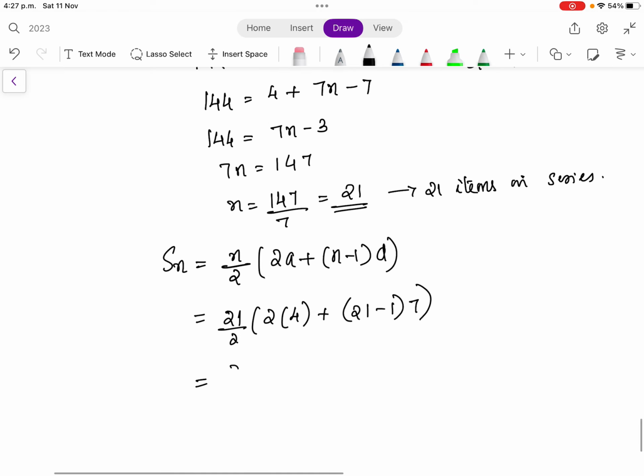So then that is equal to 21 by 2 into 8 plus 21 minus 1 is 20, 20 into 7 is 140. Then when you simplify, you will get 1554. So that is how we find the sum of n terms of the series.